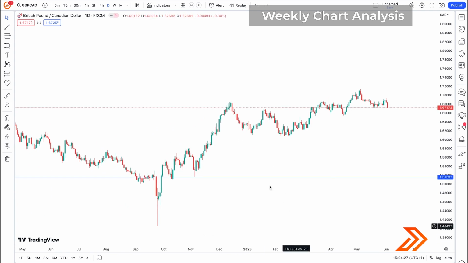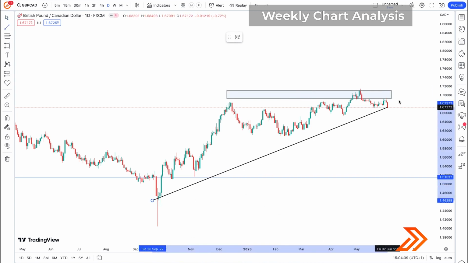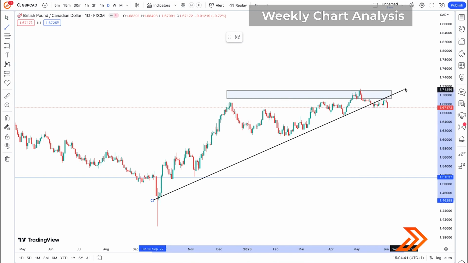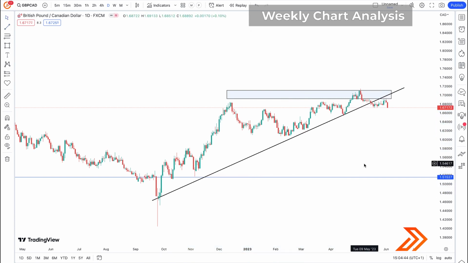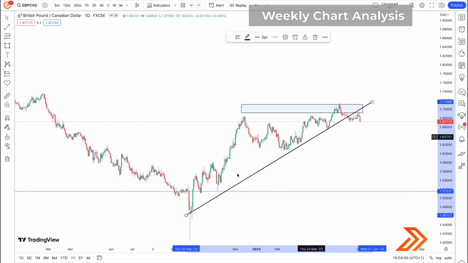I'm seeing this high that we have here on GBP CAD, and I'm also looking at this as a break, because price has majorly been bouncing off this zone. We had price bounce off this support zone from here, and then we had a breakout around this zone, and this is an important resistance zone.